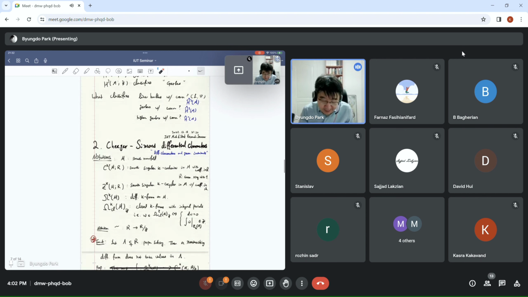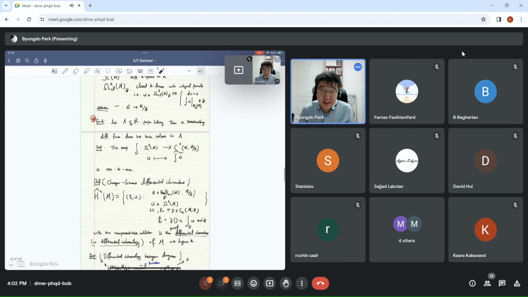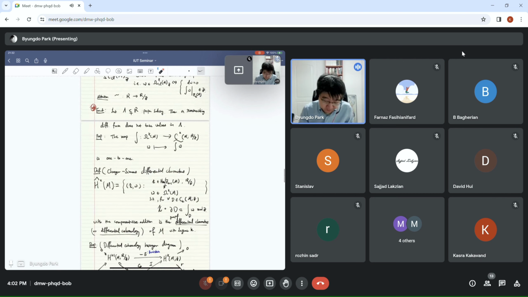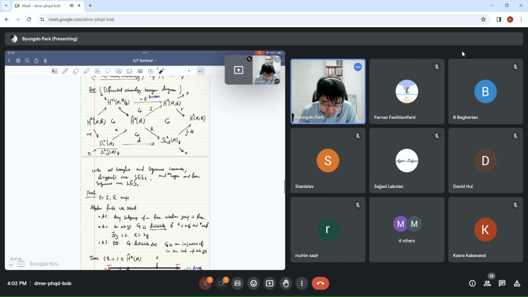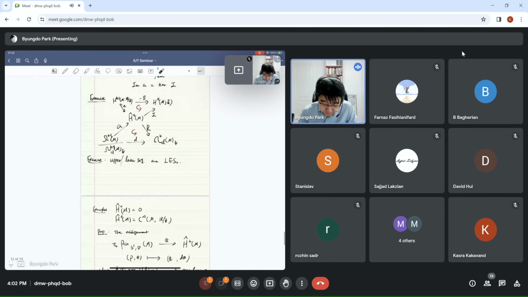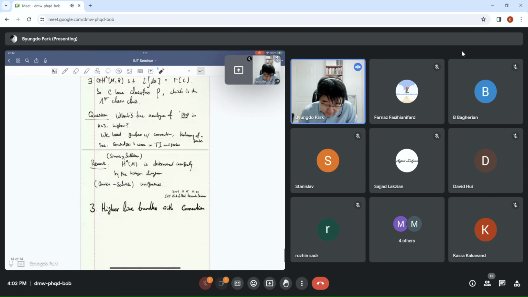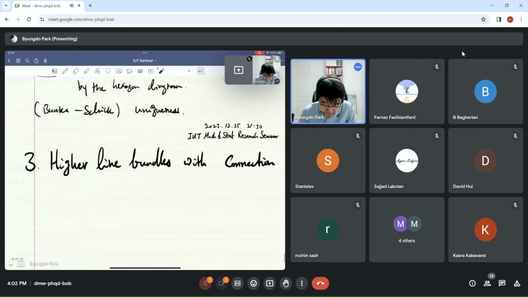Then in the last lecture, we looked into details about what this H hat is. This differential cohomology fits into this hexagon diagram, and we saw how these maps are defined, and why the diagrams are commutative, and so on.